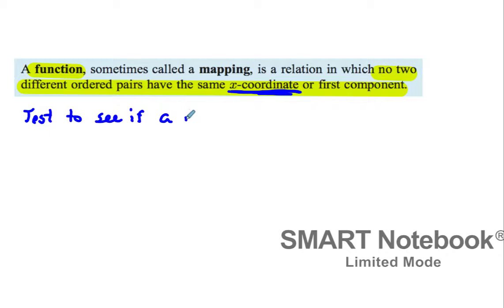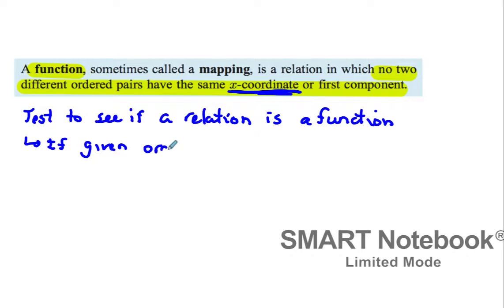In this section, we'll learn three tests to determine if a relationship is a function. And which test we use depends on which data we're given. So if we're given a list of ordered pairs, then the way to test and see if it's a function is to map out the ordered pairs, and I'll show you an example of what mapping looks like.